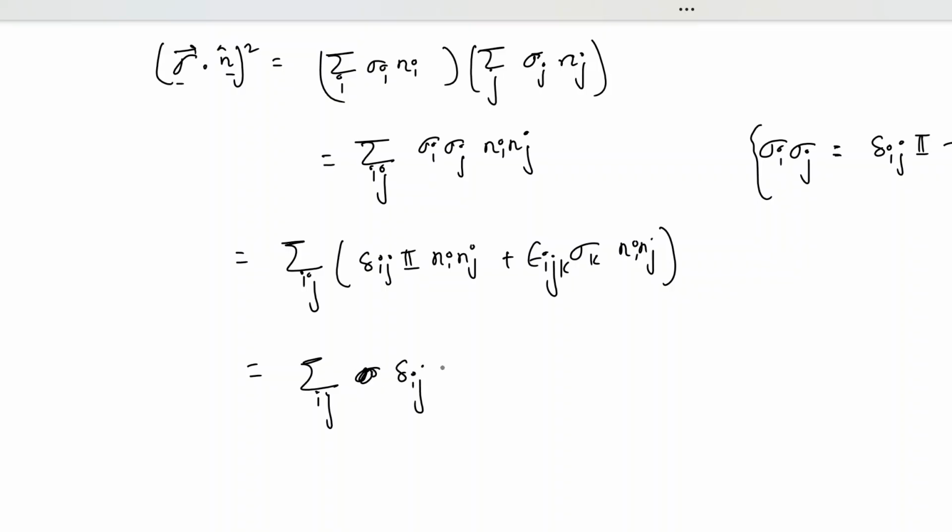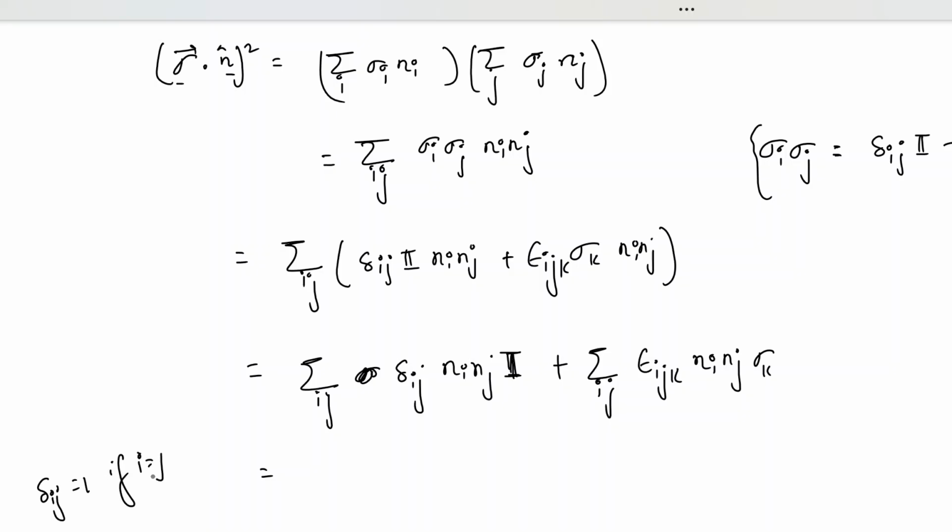delta ij ni nj times the identity matrix I, plus the sum over ij of epsilon ijk ni nj sigma k. Now because this is a Kronecker delta, you know delta ij is 1 if i equals j and 0 if i is not equal to j.